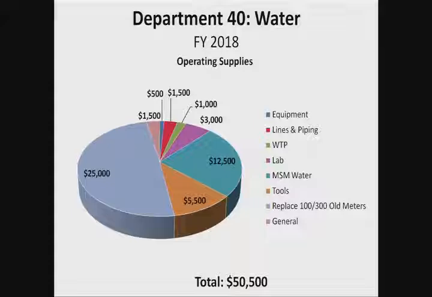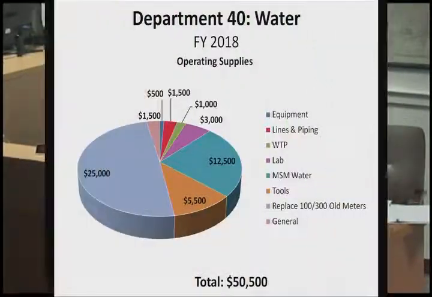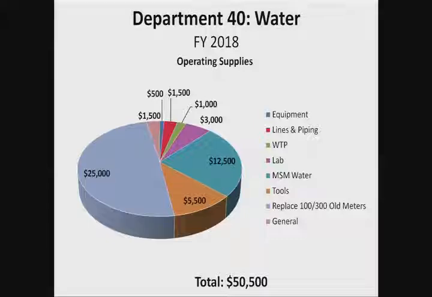One of the things that you'll see, we did add a little bit of money to the lines and piping based off of this leak detection specialist coming in, knowing that we do have some stuff stocked, but we might have to buy some other things. So we increased that to 1,500. In there is also your 12,500 paid to Mount St. Mary's for water that we received from them. The big item here is your 25,000 to replace your old water meters in town.